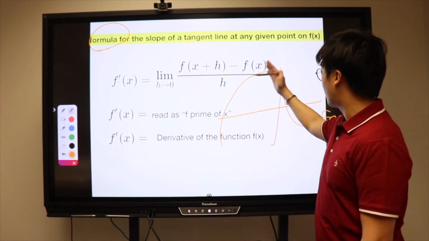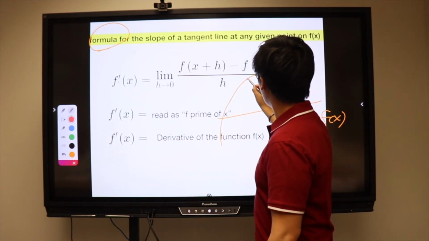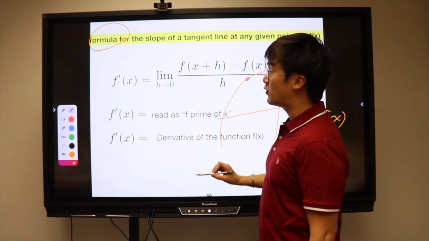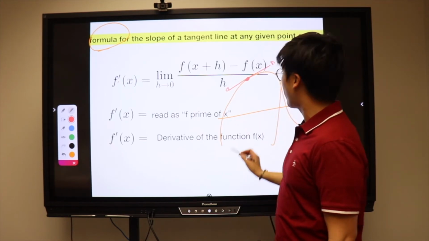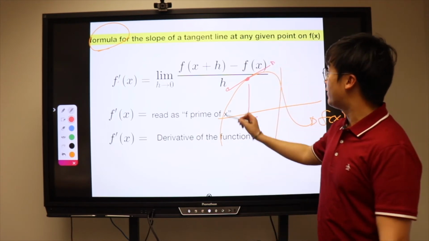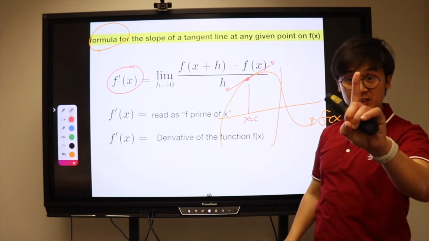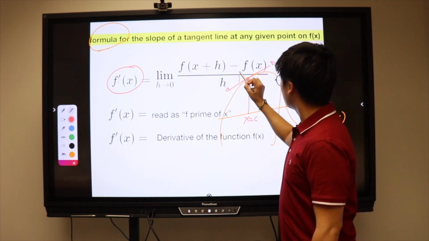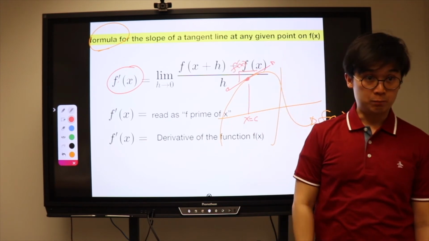So if this is your f of x, this little graph right here, if you have a point right here, and you need to find the equation of the tangent line at this value of x, you'll be able to solve it using this formula with just a single point, because it will give you the equation of the slope. Got it?